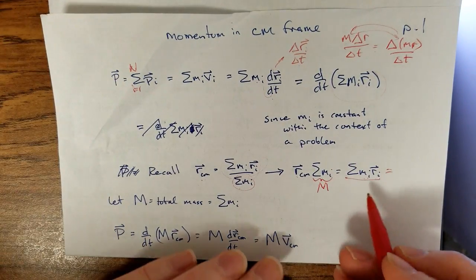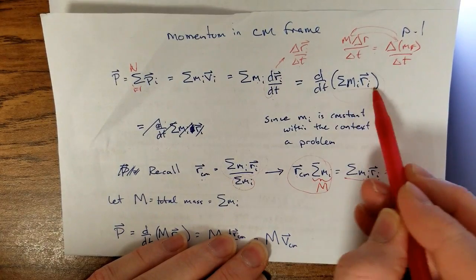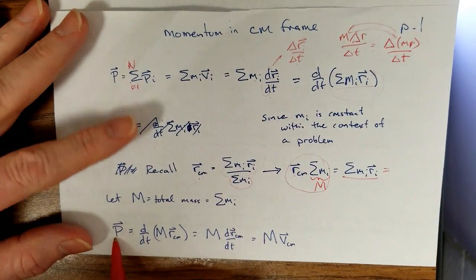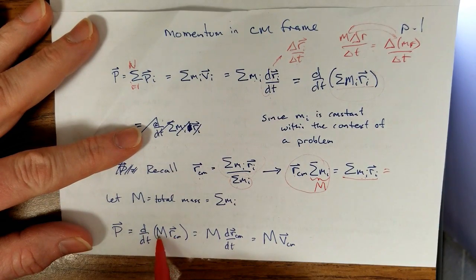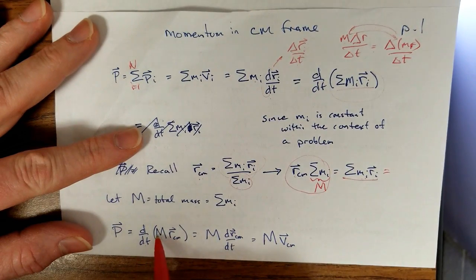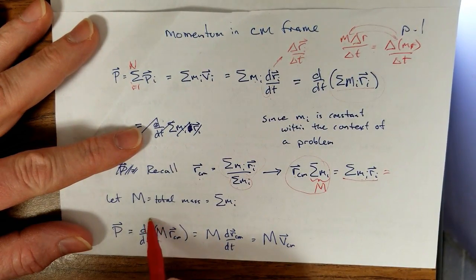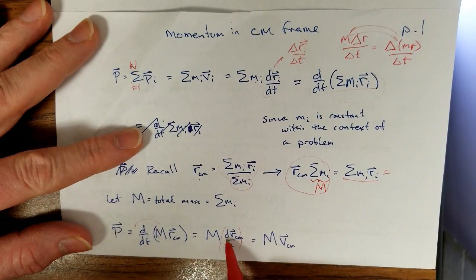So therefore, if I substitute this in for that, I get down here that the momentum is the change of this total mass times the center of mass position over dt, which is, since this is not changing with time, that's the total mass, I can factor that out, and I now have this. And this is the change in position over change in time, which is just velocity.